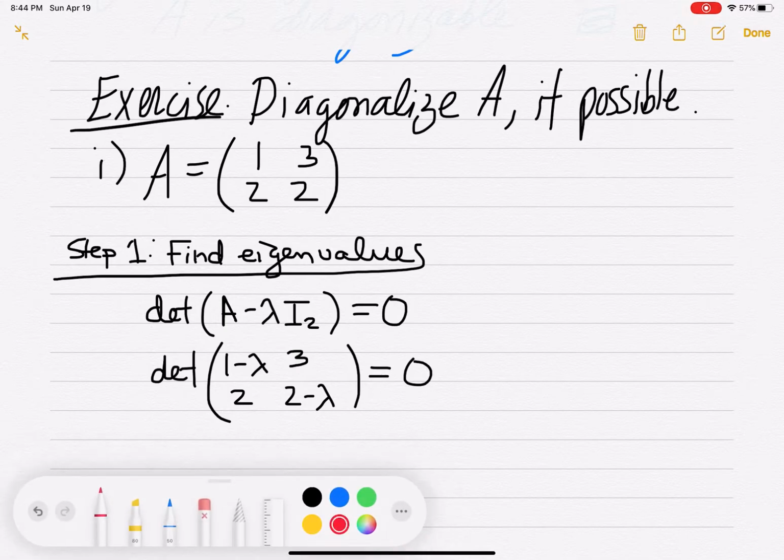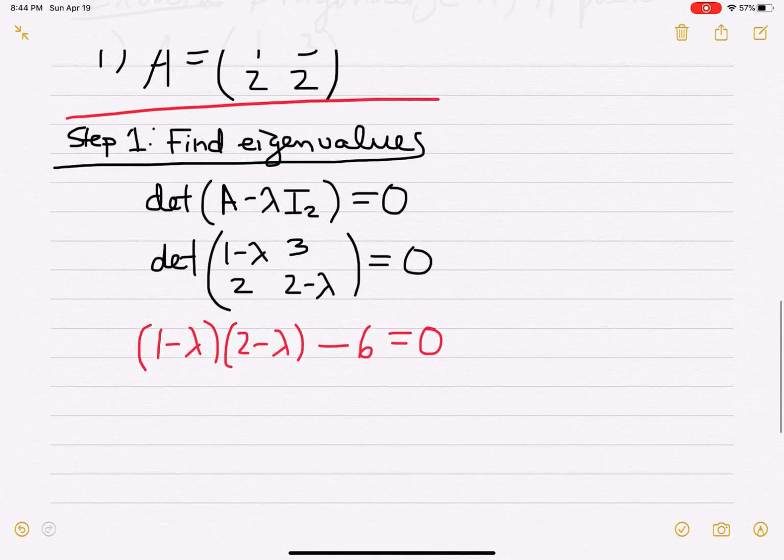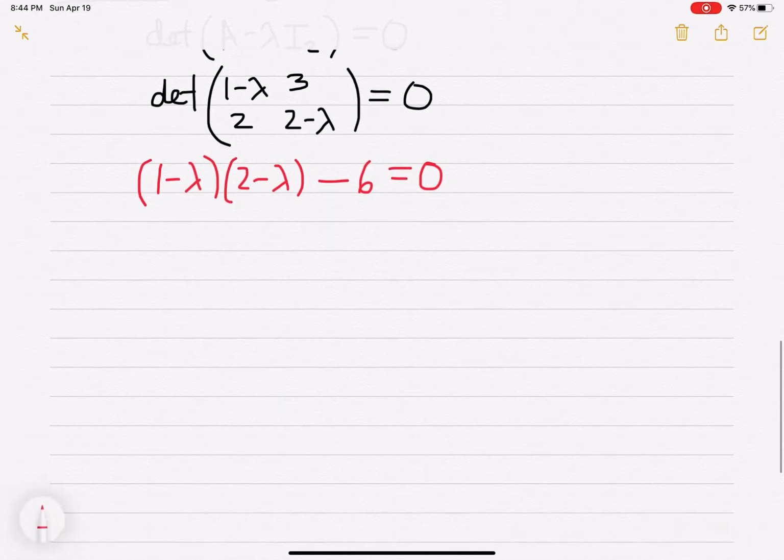So we're going to take the determinant. We're going to have 1 minus lambda times 2 minus lambda, the product of the descending diagonal, minus the product of the ascending diagonal, 2 times 3 is 6. That's equal to 0. We're going to FOIL.